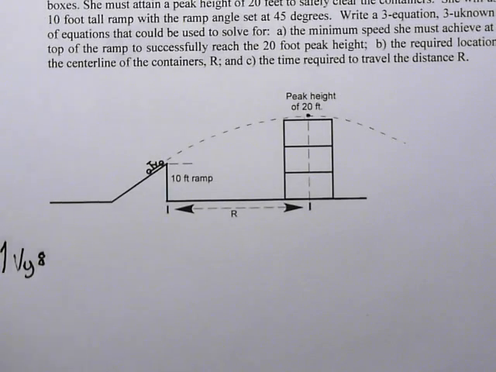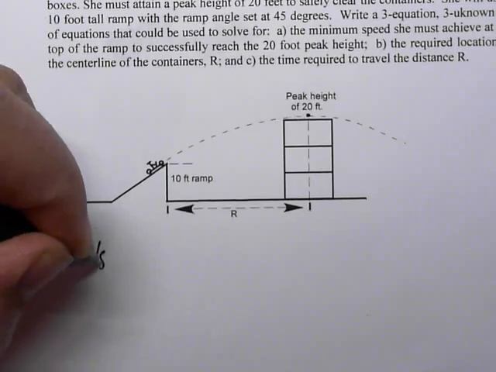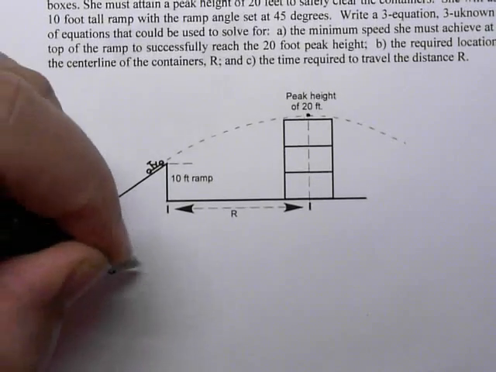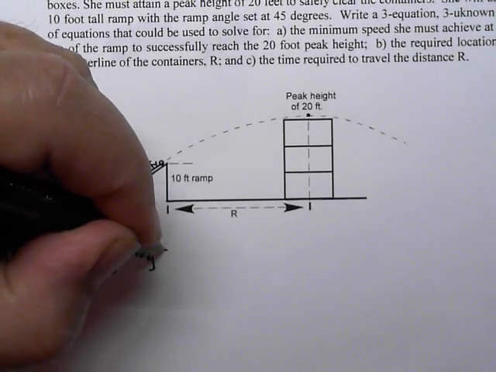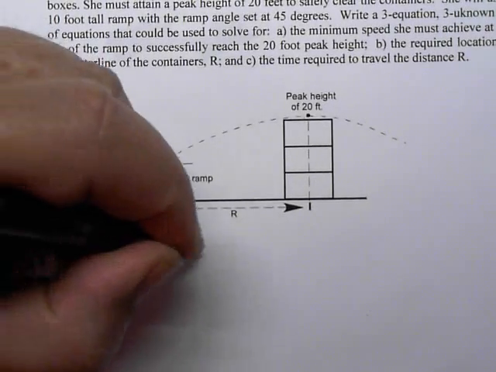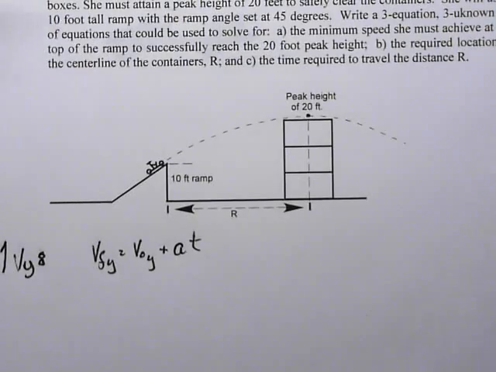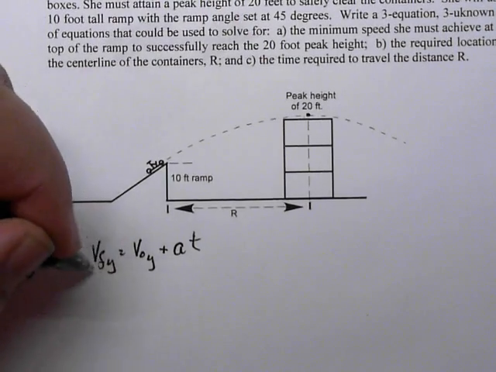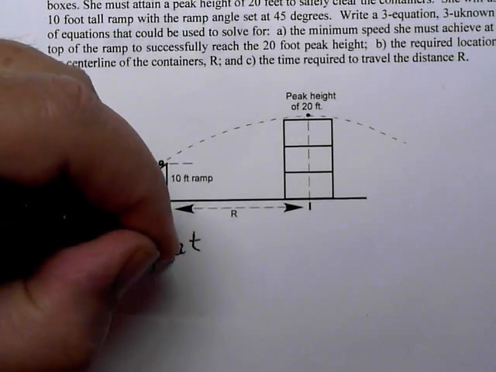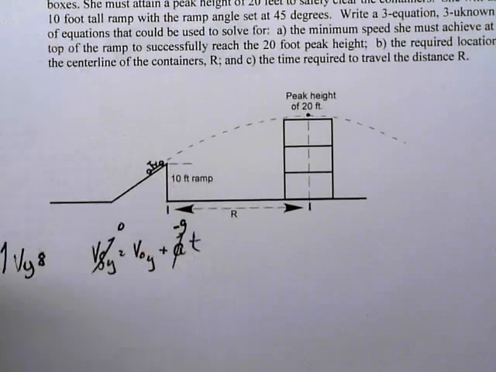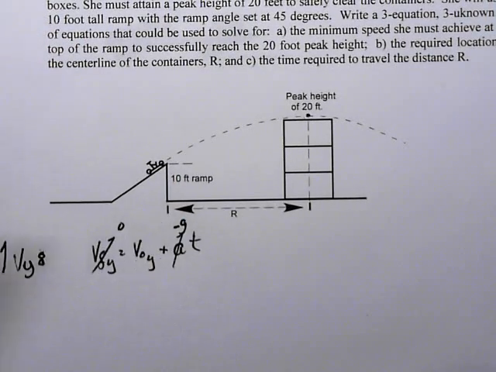V final in the y is equal to V0 in the y plus the acceleration times time. And then that one needs to be fleshed out a little bit, in that the V final in the y is 0 and the acceleration is minus g. And we're working in feet and pounds and seconds, so we'll put in the appropriate term there.